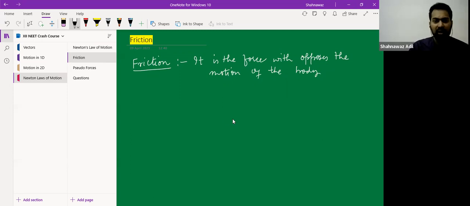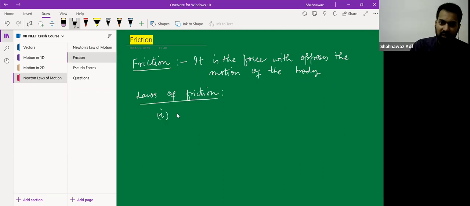And there are 3 laws of friction. One is that it is dependent upon the normal reaction, right? The normal reaction.